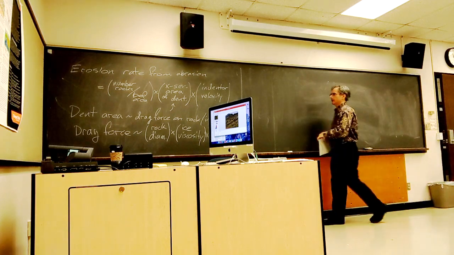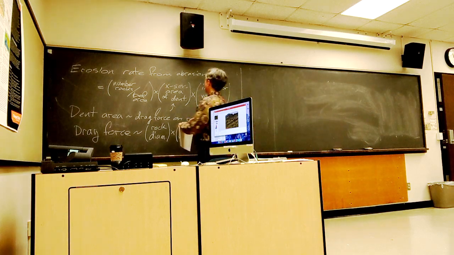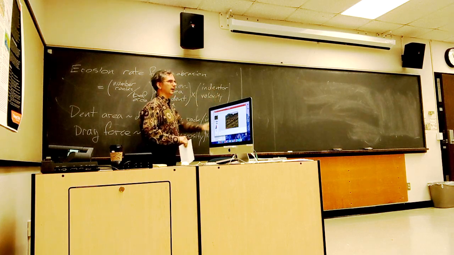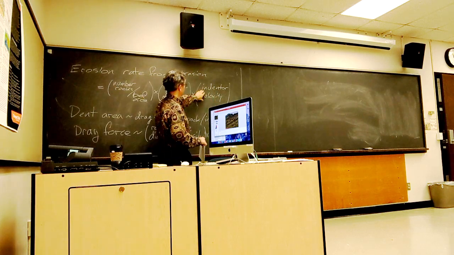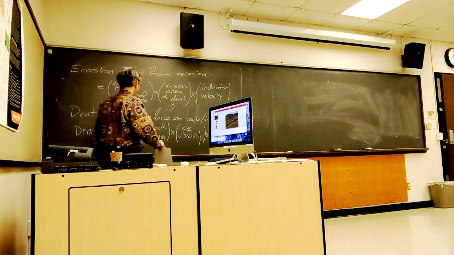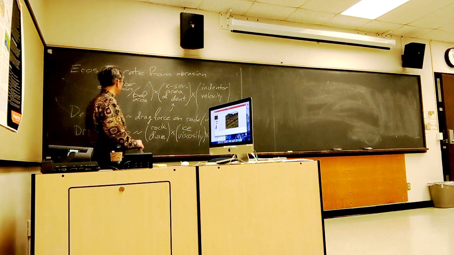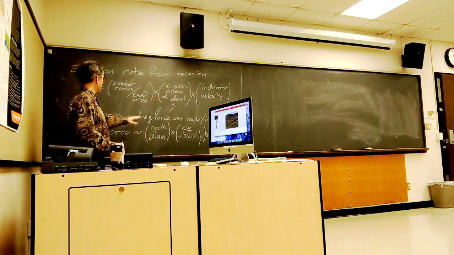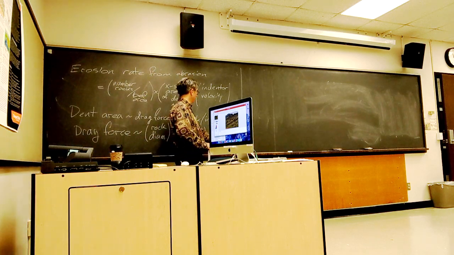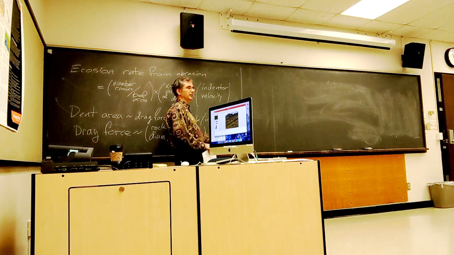We have that the erosion rate is number of rocks, cross-sectional area, indenter velocity. Indenter velocity is going to be, say, some fraction of the ice velocity. This cross-sectional area of the dent is going to vary with the drag force, which is going to vary with rock diameter, ice viscosity, and relative ice velocity, which again is going to be some fraction of the sliding velocity.